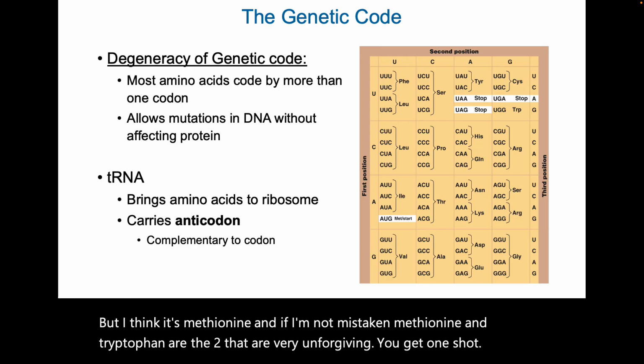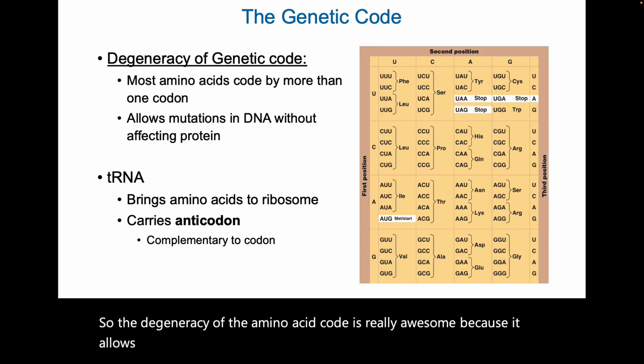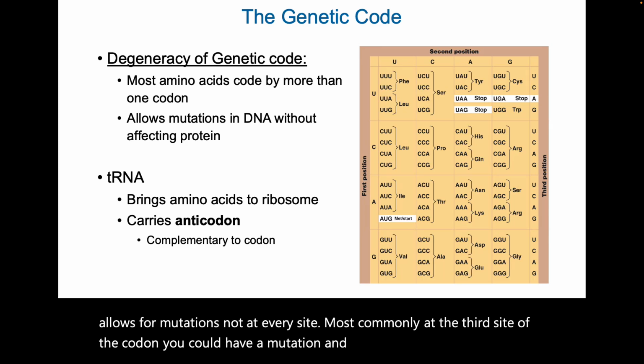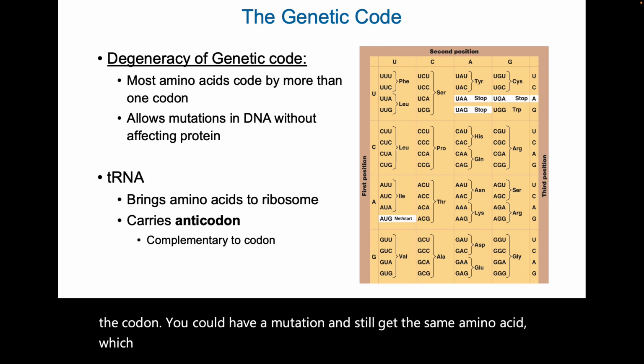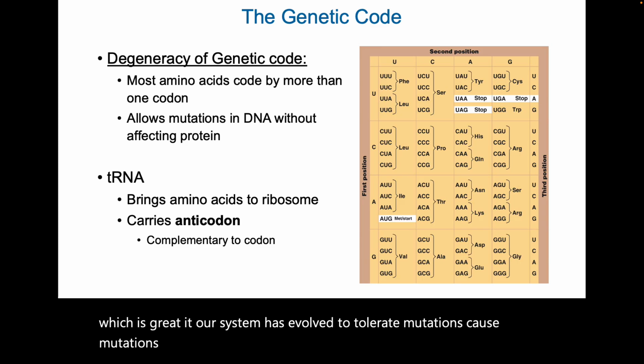So the degeneracy of the amino acid code is really awesome because it allows for mutations. Not at every site. Most commonly at the 3rd site of the codon, you could have a mutation and still get the same amino acid, which is great. Our system has evolved to tolerate mutations because mutations occur all of the time.